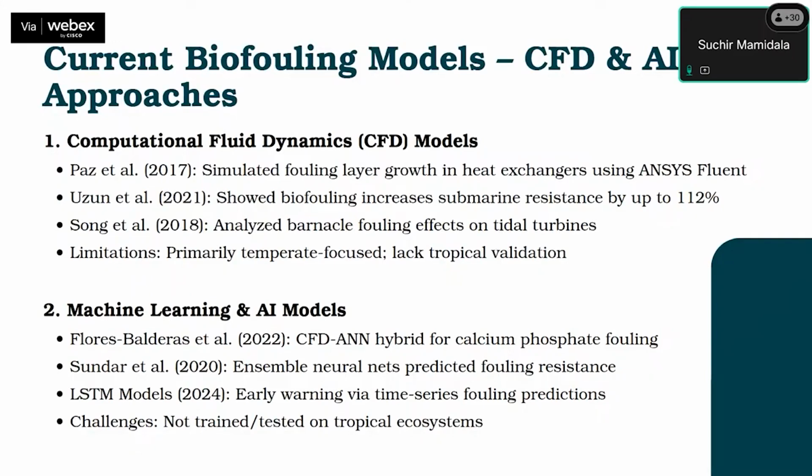However, most of these models are validated in the temperate or industrial settings and are not very well adapted to the tropical conditions. On the AI side, models like the CFD-ANN hybrid or the Sundar's deep learning framework have shown impressive predictive accuracy. But again, these models lack real-world data from tropical marine zones. The LSTM, long short-term memory models, show promise for time-based predictions, but are yet to be deployed in high biodiversity coastal areas.